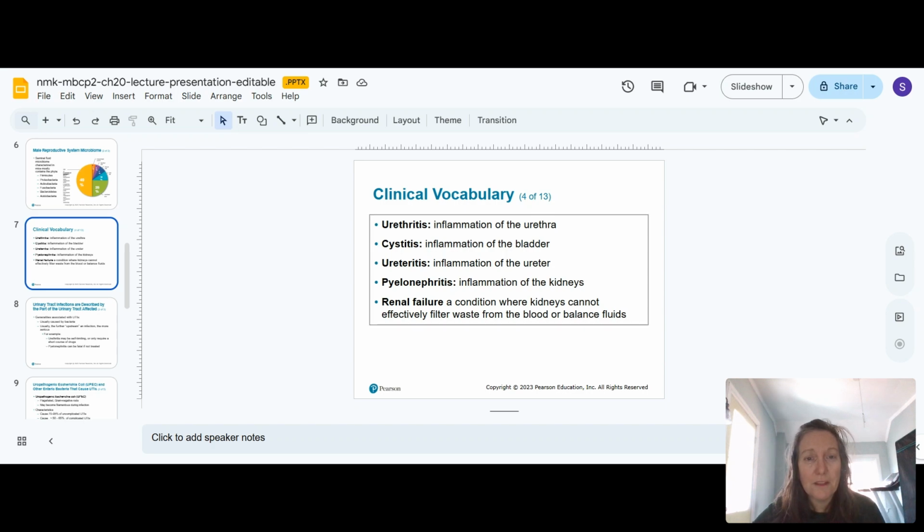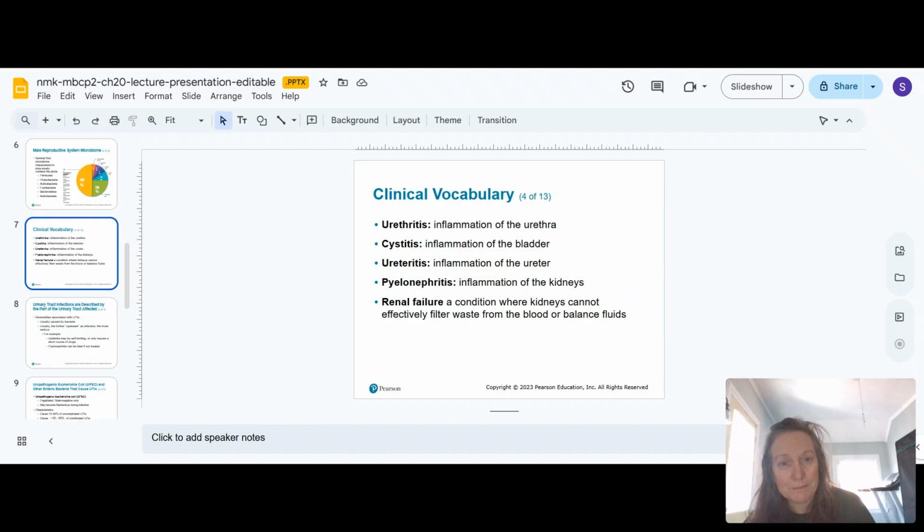Usually we'll start with urethritis. If we have a urinary tract infection, then it can travel up to the bladder, then up to the ureters, and then up to the kidneys, eventually leading to that failure that would be very detrimental. And hopefully along the way, this infection can get spotted and treated.